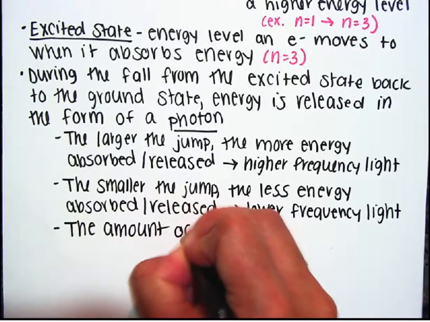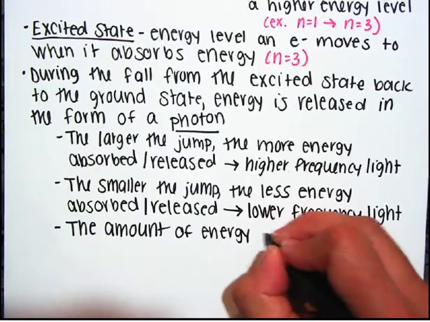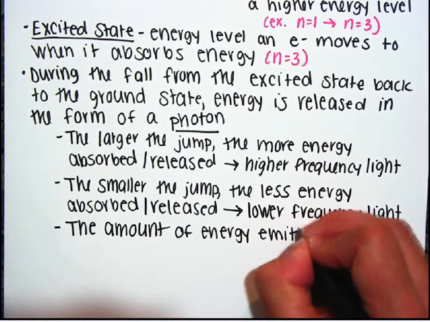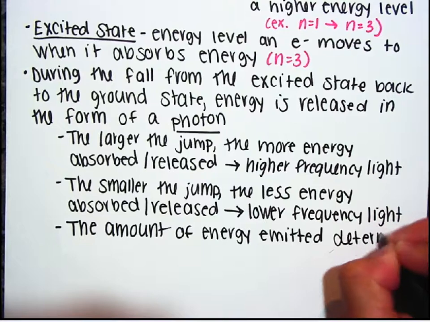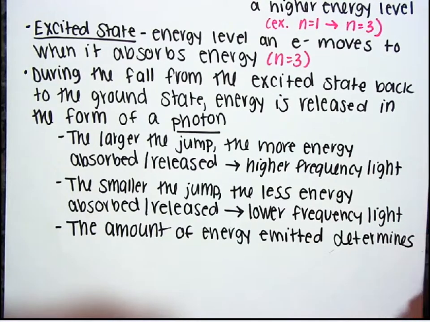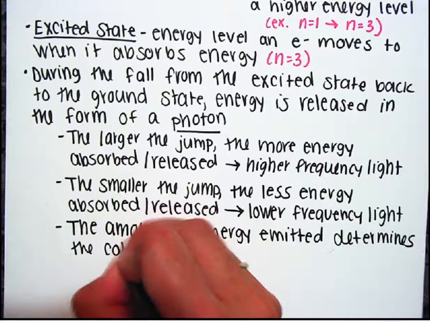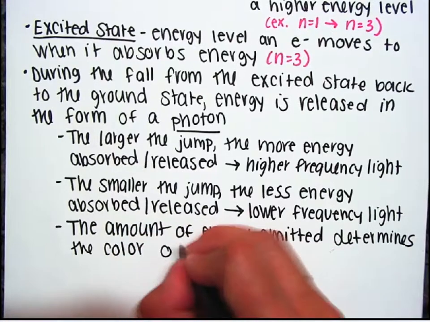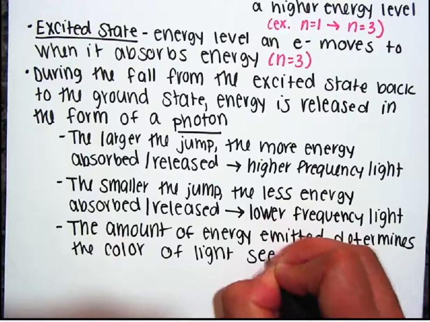The amount of energy emitted determines the color of light seen.